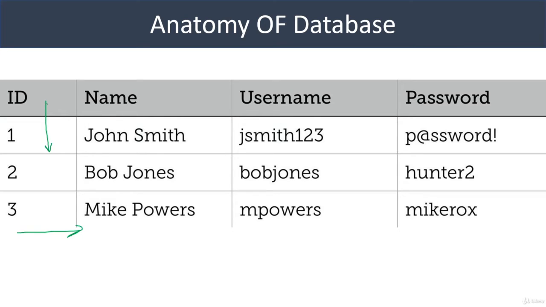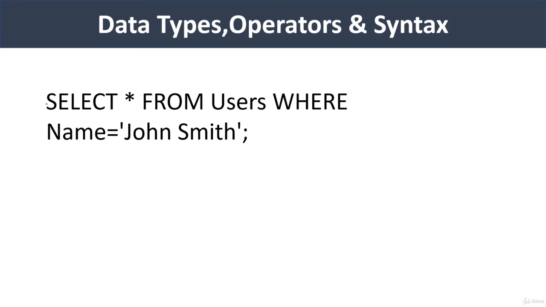Now let's talk about data types and operators and what the syntax is. In order to understand the data that we are working with, we need to know that there are different types of data utilized in SQL. Although exact data types can be very different between database systems, in most cases they are similar enough to tell what they are.